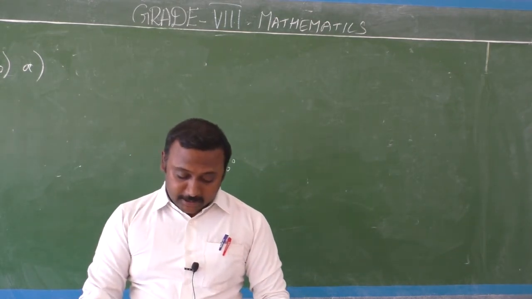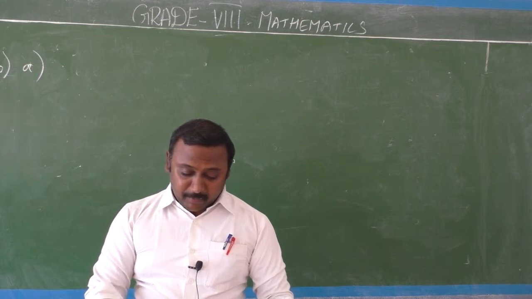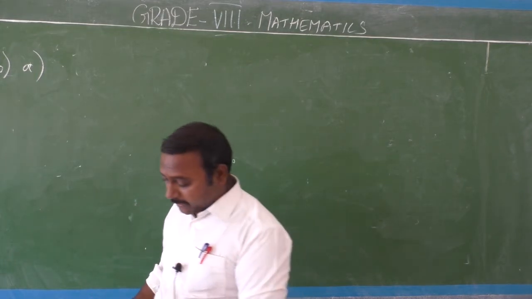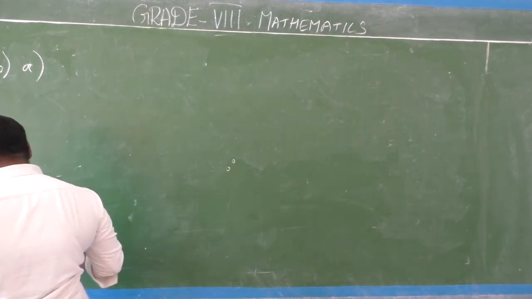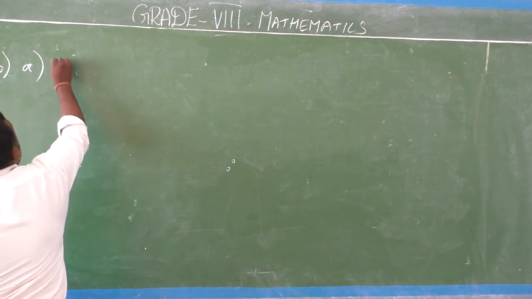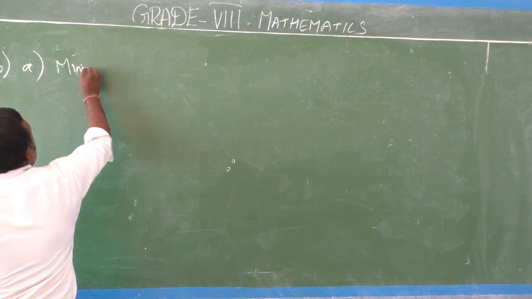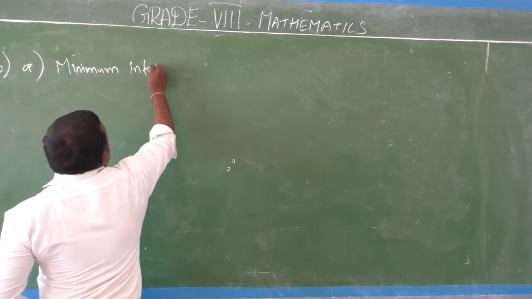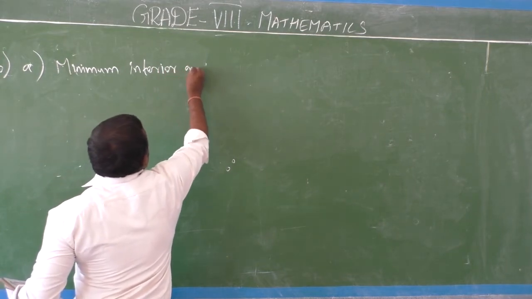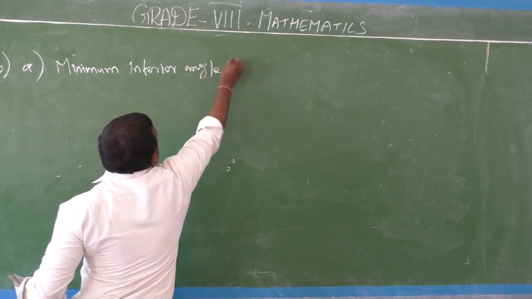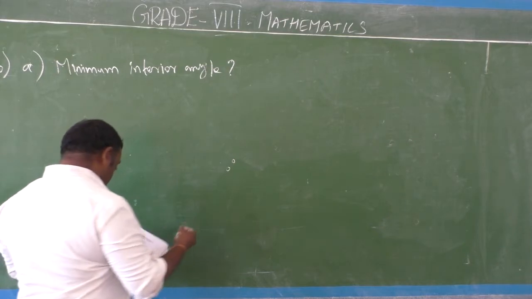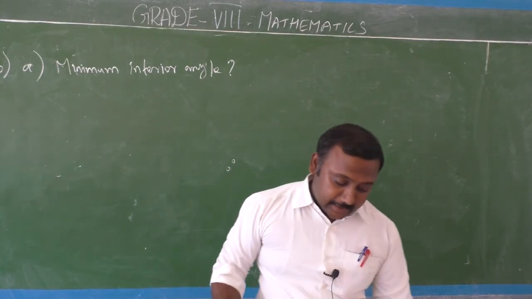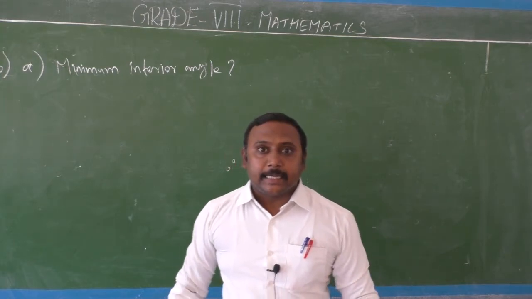Minimum interior angle. The question is, what is the minimum interior angle possible for a regular polygon?